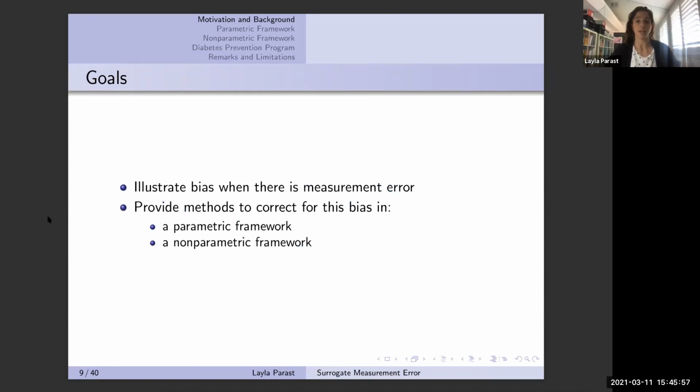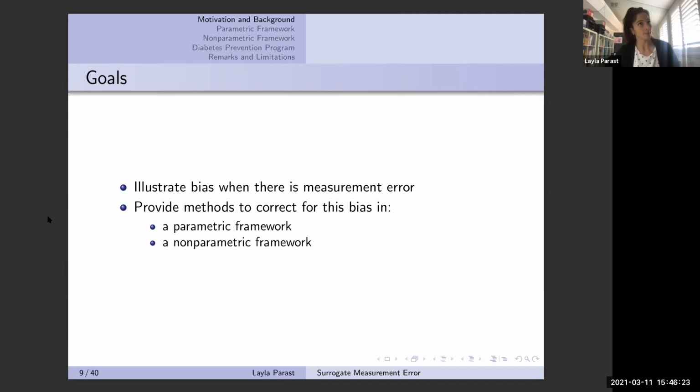You might be wondering why I'm talking about both a parametric and a non-parametric framework. If you asked me which one you should use in practice, I'm going to say the non-parametric approach, because others, including myself, have shown how things can go wrong, and I'll show that here, when you use the parametric approach and your models are misspecified.